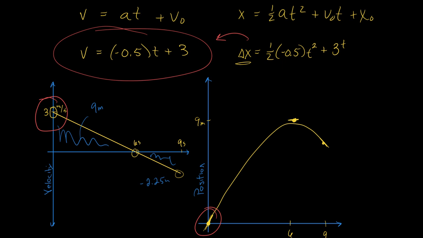Let's just imagine I have this function. This is my position as a function of time. Can you find me the velocity function?